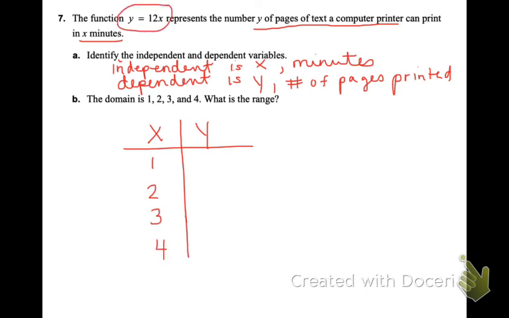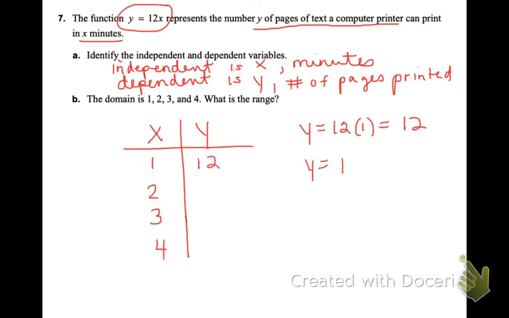And what that means is that it's basically printing 12 pages per minute, okay? So we would input the value of 1, so 12 times 1. Y is equal to 12 times 1, which is equal to 12. So that's your output value.